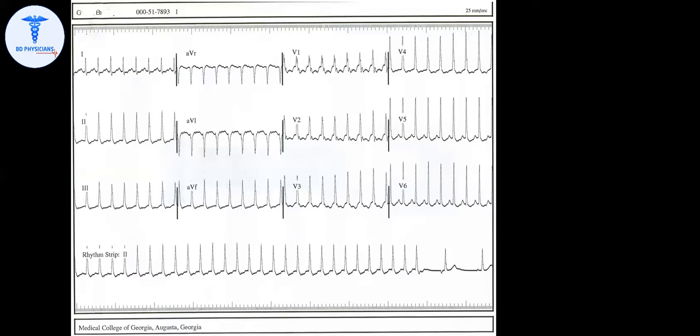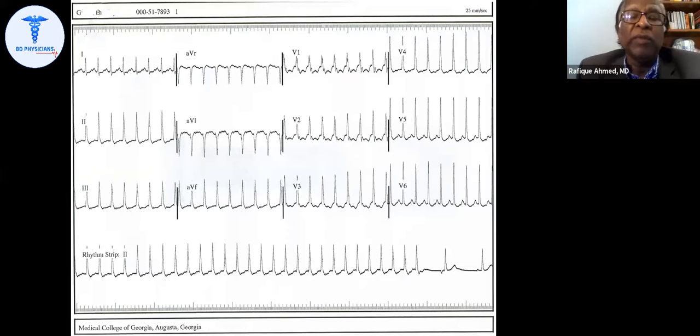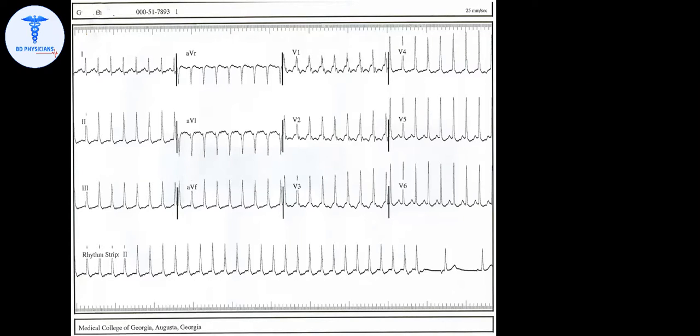Rate is about 150 above, close to 180, 190 beats per minute. Fine. RR is regular. Good. And there is a P wave after the QRS complex, which is distorted and negative, and there is an RSR pattern in V1.